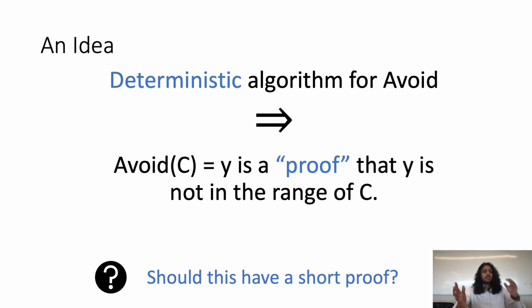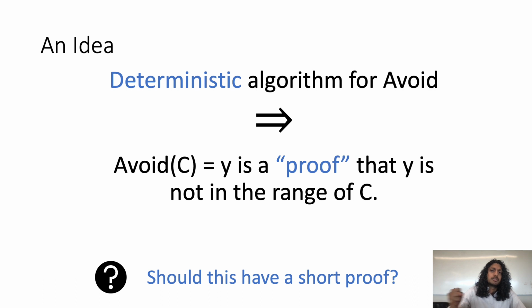So this question of whether short proofs exist kind of ties back into this NP versus co-NP assumption, because NP versus co-NP is really about whether checking that a circuit is unsatisfiable has short proofs or not. So it's a kind of complexity theoretic formalization of when things have short proofs or not.